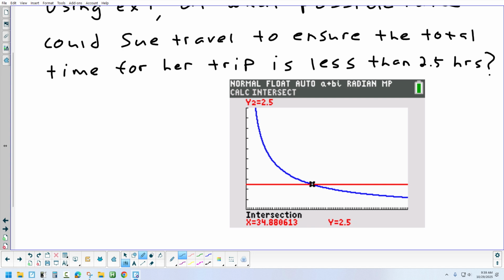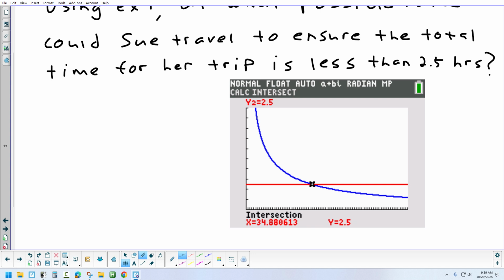X is greater than or equal to 34.88. Not quite. X is greater than 0, but less than 34.88. No, it can't. So I do agree the speed has to be greater than 0, but if she's traveling less than 34.88, she's not going to make the trip in 2.5 hours. She'll be going too slow.